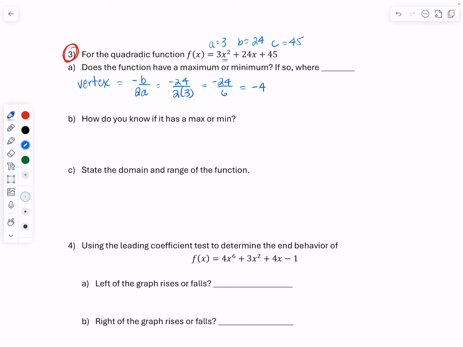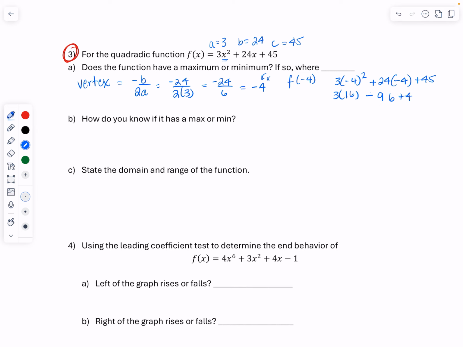That's my x value. To find the y, I have to find my function at negative 4. So that becomes 3 times negative 4 squared plus 24 times negative 4 plus 45. Okay, so negative 4 squared gives me 16. And then we have a negative here. I got 96.